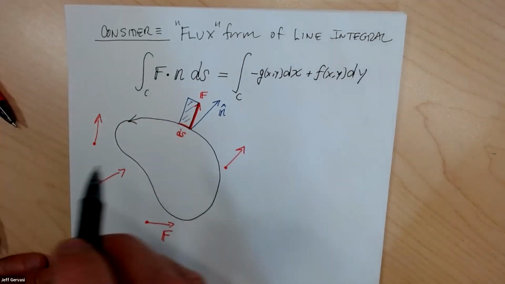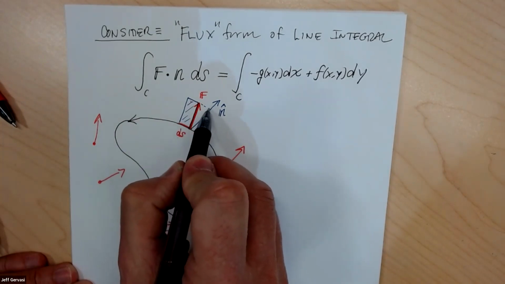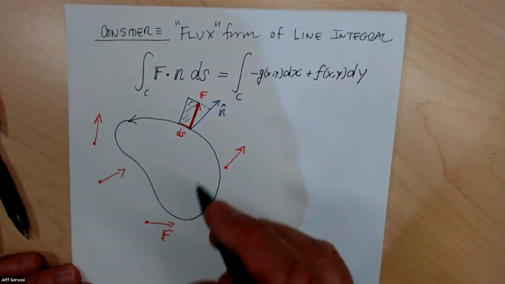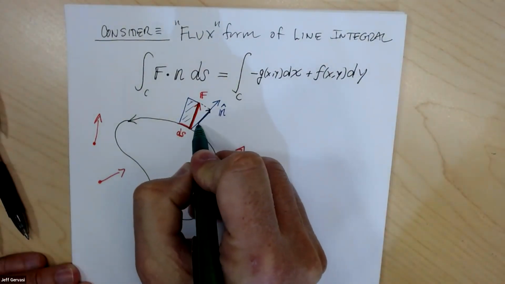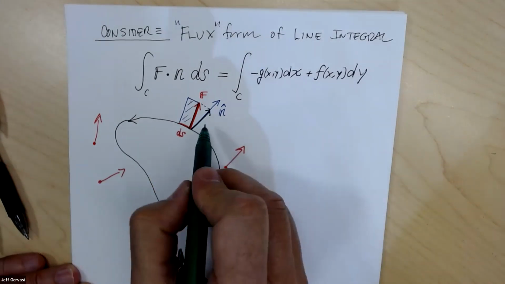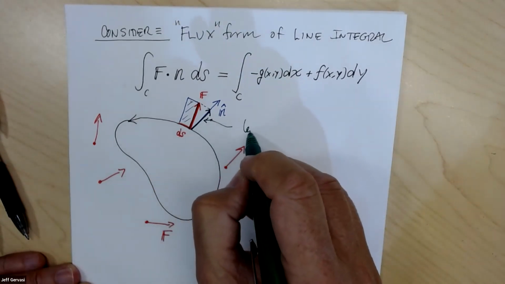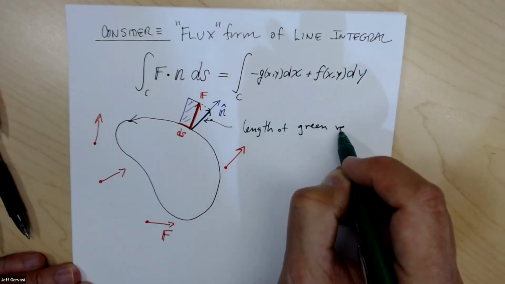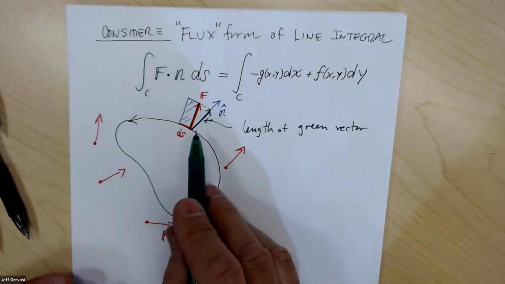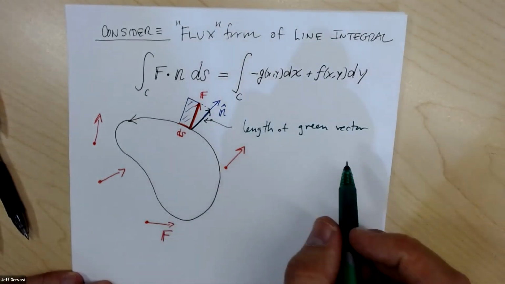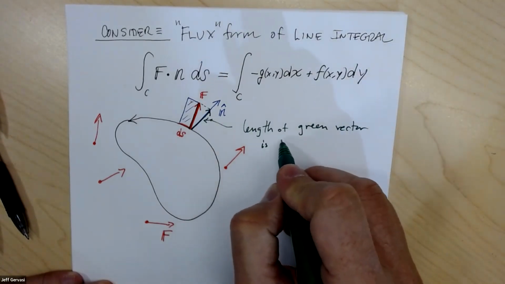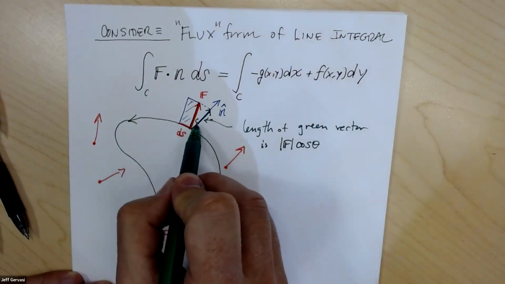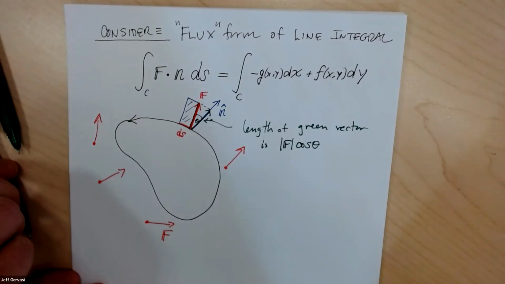I can do that if I project F onto N, just like that. Let's make that a green vector. The length of that green vector, which is the projection of F onto N, is simply this, assuming the angle theta between those two vectors looks like that.